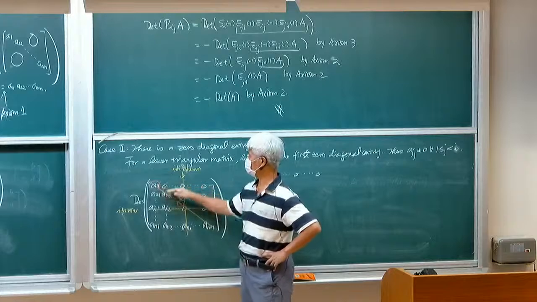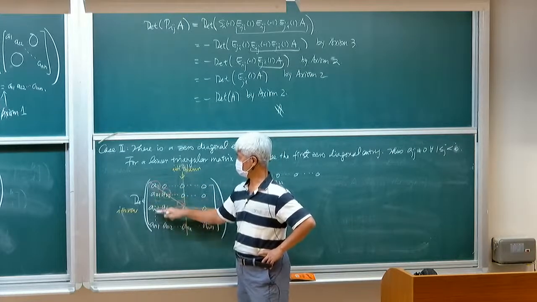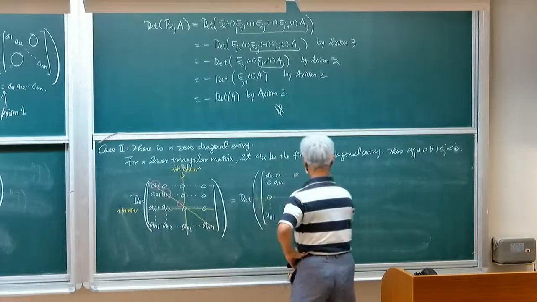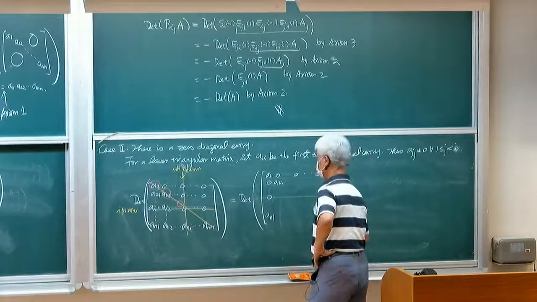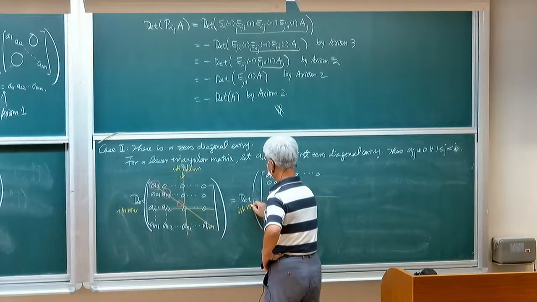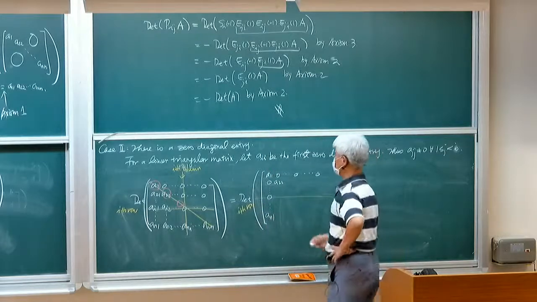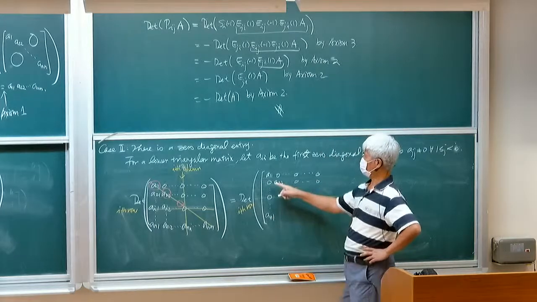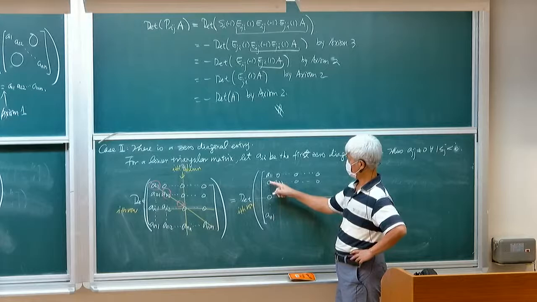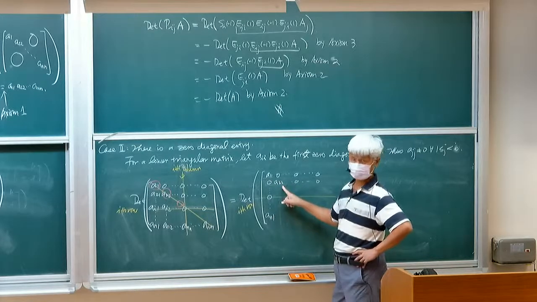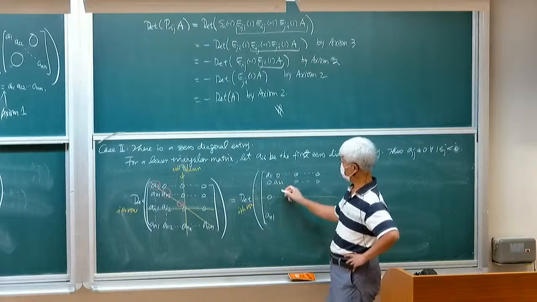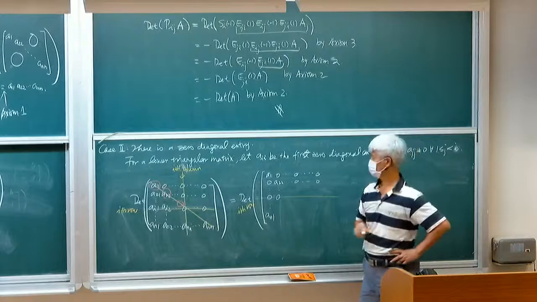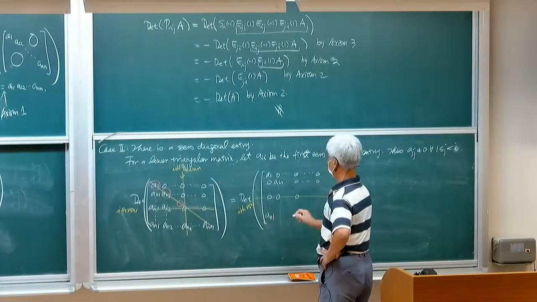You use the first row to eliminate the entries here, up to the ith row. So here is the ith row. Now the second row has 0 entries except a_22. So use the second row to eliminate all the entries below it, up to here.